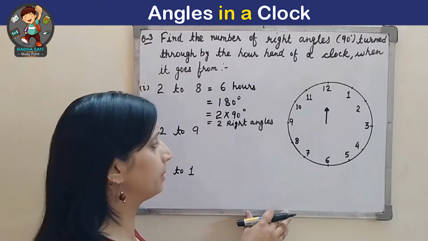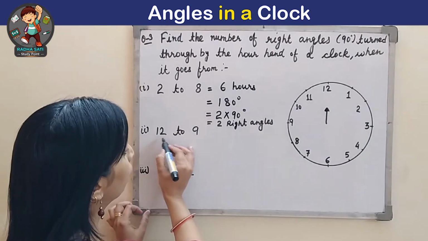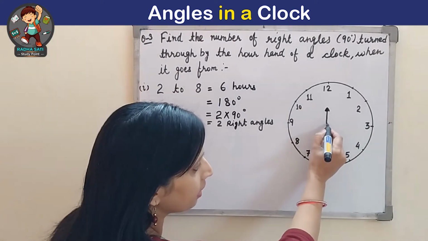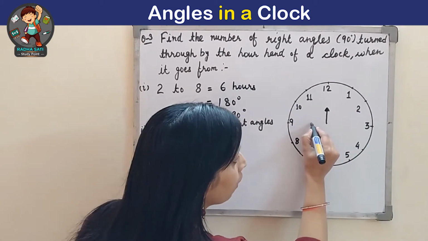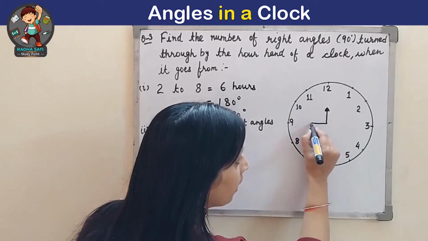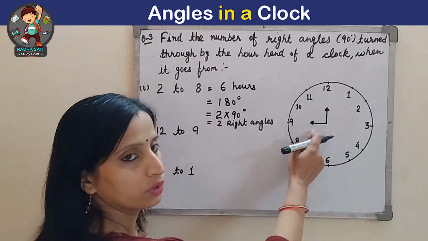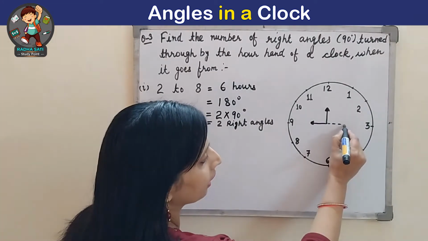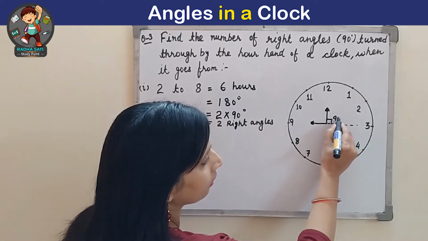Okay. Now similarly we will do this one. Now the hour hand moved from 12 to 9. So again earlier the hour hand is at 12. Now we have to find out the number of right angles covered by the hour hand when it moves from 12 to 9. So we know that in 3 hours it will make one right angle.